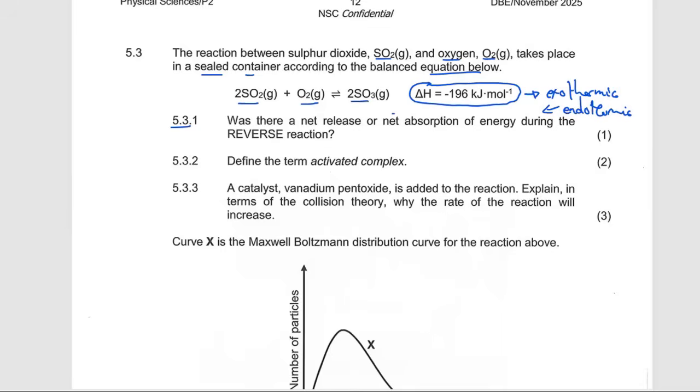I've already explained this one. The forward reaction releases energy to the environment, so the forward reaction is exothermic. What does that mean? It means going back, our reaction is going to be endothermic. So our answer there is net absorption, because the reverse reaction is opposite, which is our endothermic reaction.